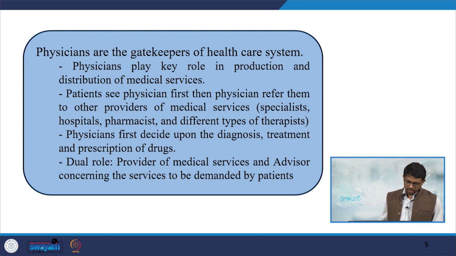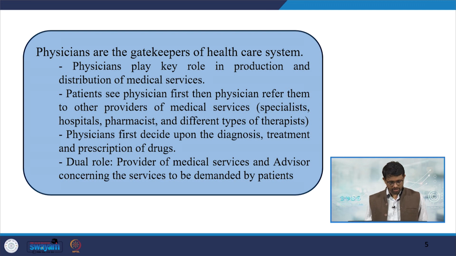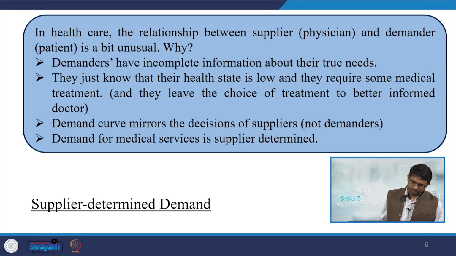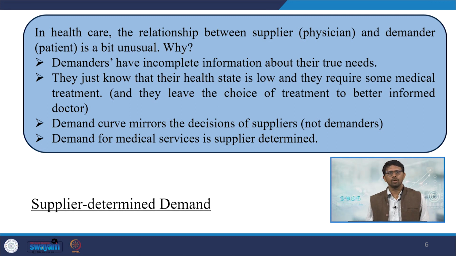There is a dual role as well: provider of medical services and advisor concerning the services to be demanded by patients. In healthcare, the relationship between the supplier, that is the physician, and the demander, the patient, is a bit unusual. Why is it so? Because demanders have incomplete information about their true needs.